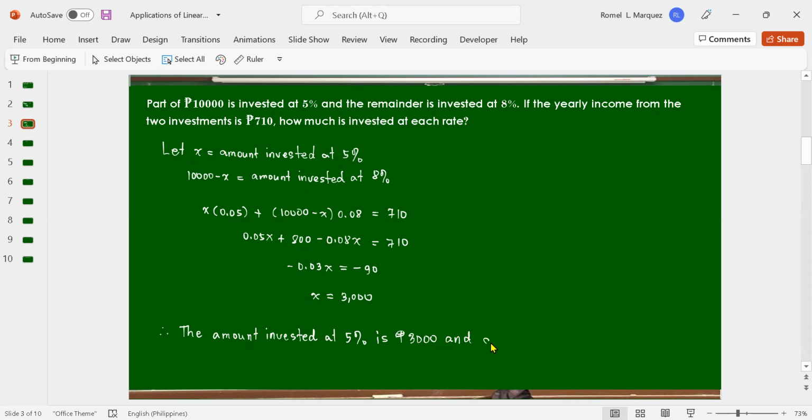At 8% is 7,000. Why 7,000, children? Because the total amount of investment is 10,000 only. Okay, guys? That's it.